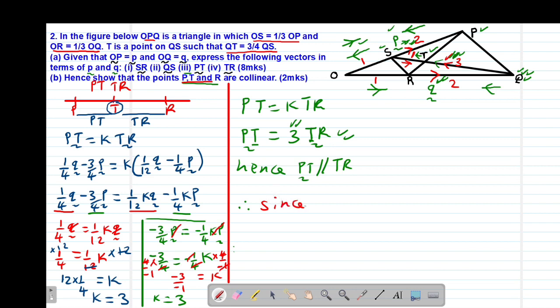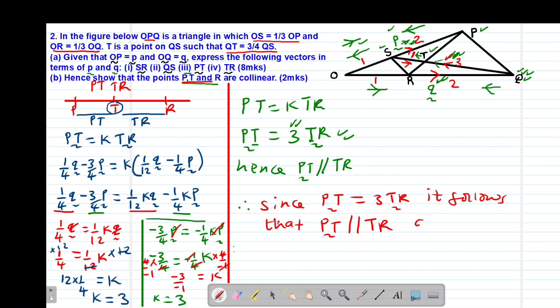We'll say that since the vector pt is equal to 3tr, it follows that vector pt is parallel to vector tr, and the point t is common, or shared.